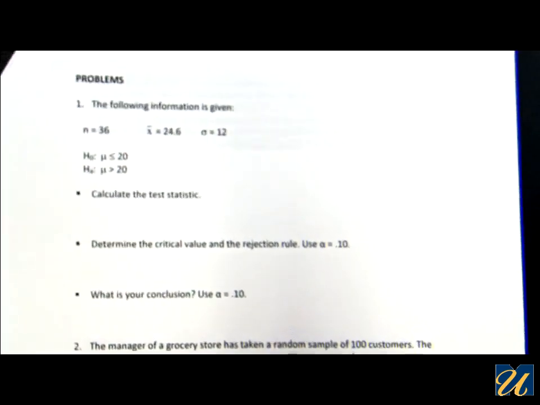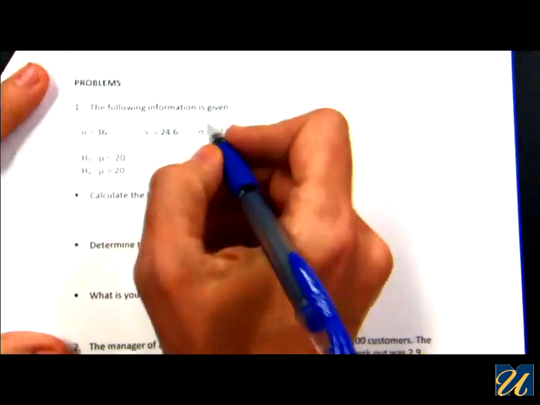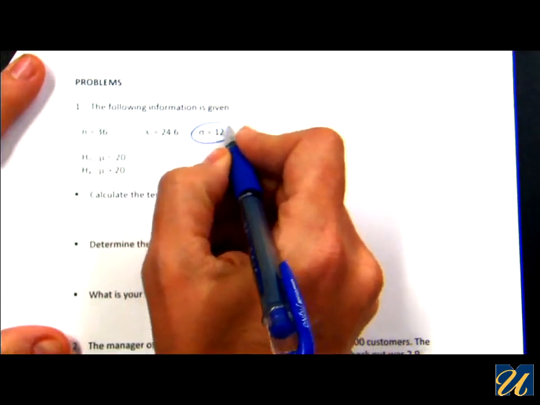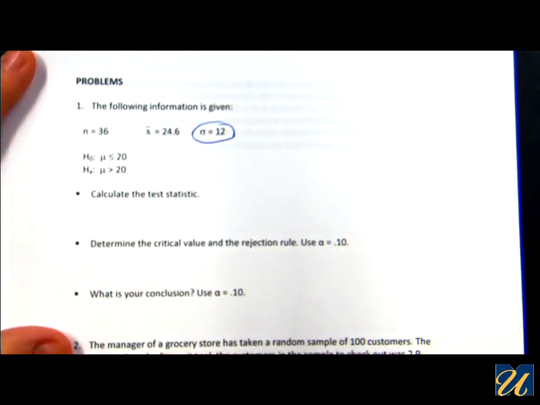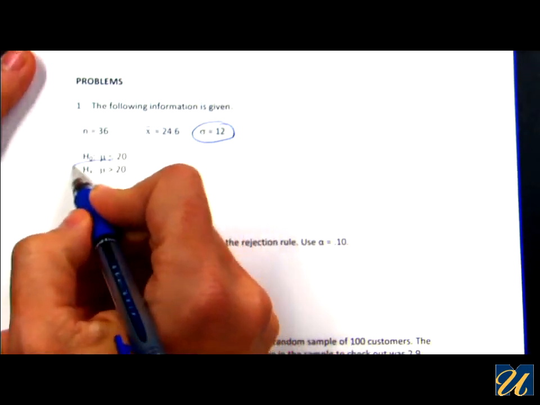The following information is given for the problems. You have n, x bar, sigma, and the hypothesis set. First off, just by the information given to you, sigma is given, so you know you're going to have a z-test. The alternative has mu greater than 20.